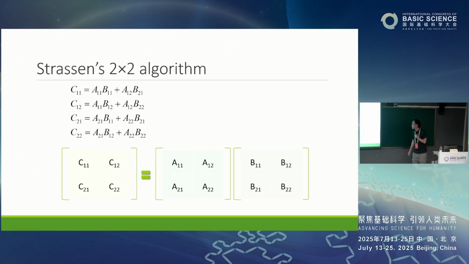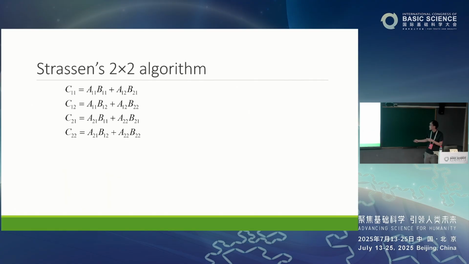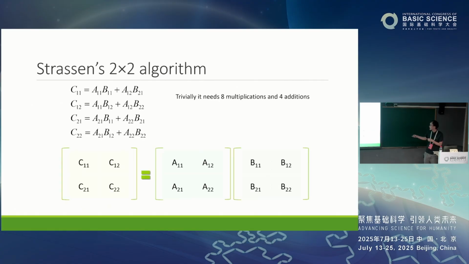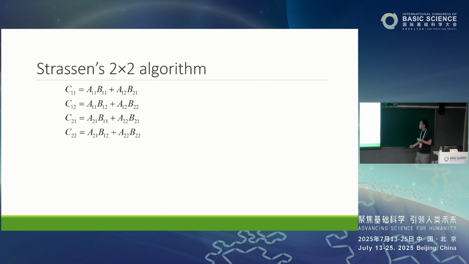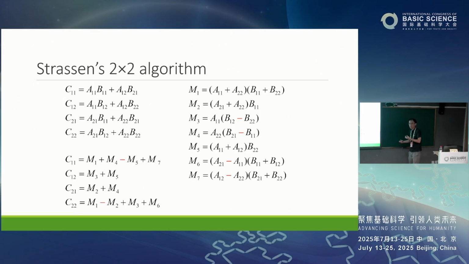Strassen's 2 times 2 algorithm gave the first algorithm better than n cubed time. If we want to compute the multiplication of two 2 times 2 matrices, trivially it needs 8 multiplications, but Strassen's algorithm has 7 multiplications.